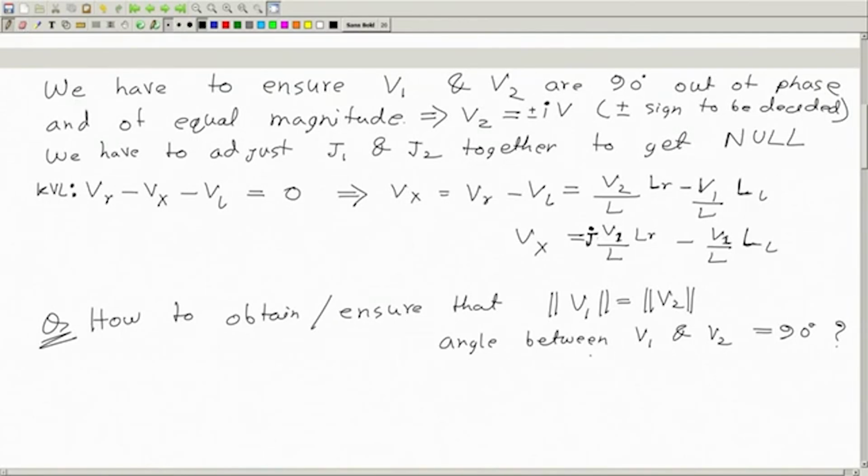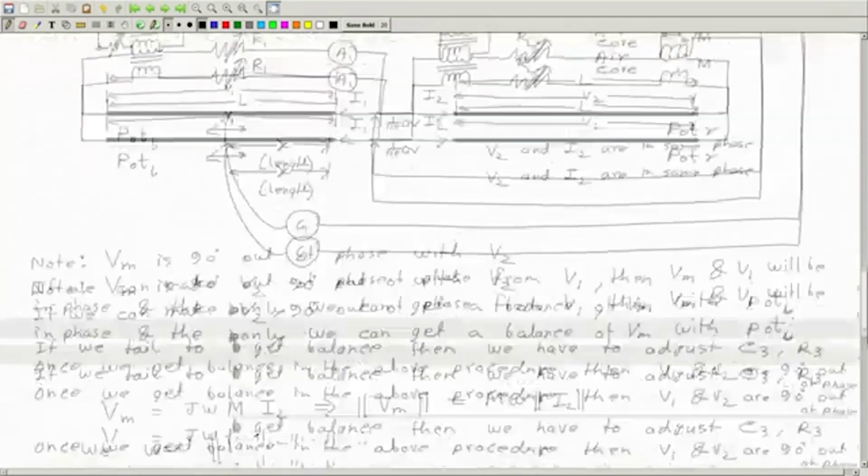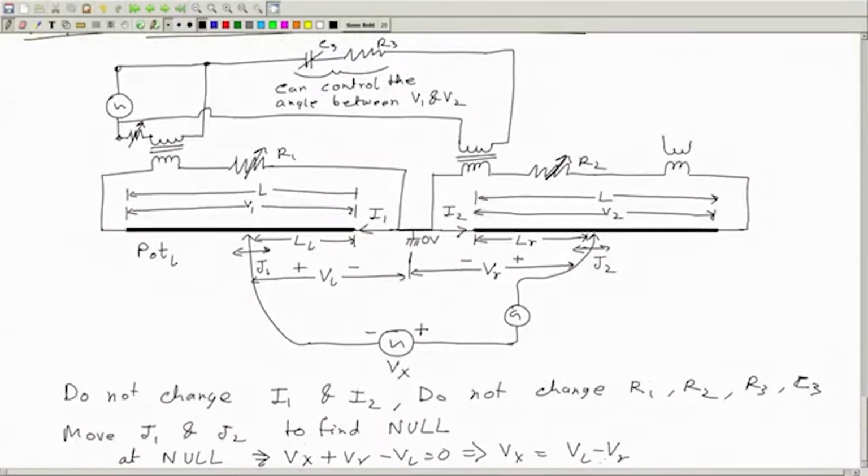J means root over minus 1. Now you can put this value here for VL and VR, so you will get Vx, and we are done.